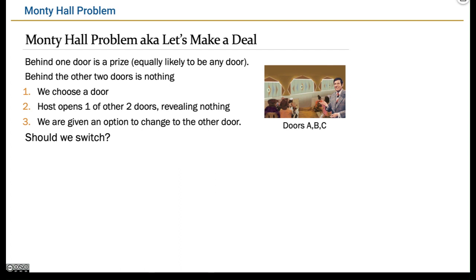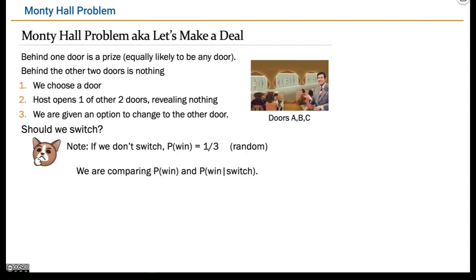Then the host asked, would the contestant like to switch to the other unopened door? The question is, should you switch? From a probabilistic standpoint, do you have any advantage in switching, or does it not make a difference? So mathematically, I'm asking, okay, we know that if I just randomly choose a door, I have a 1 in 3 chance of winning.